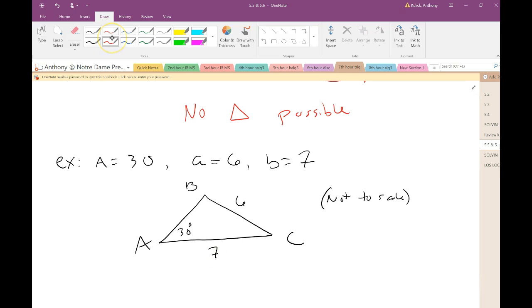So just like before, notice again the situation that I'm in: side, side, angle, and I have A is acute, and side A is less than side B. So 2 triangles maybe?